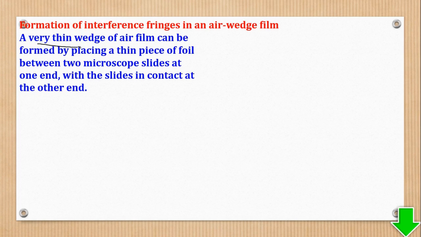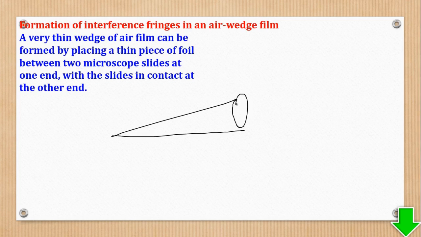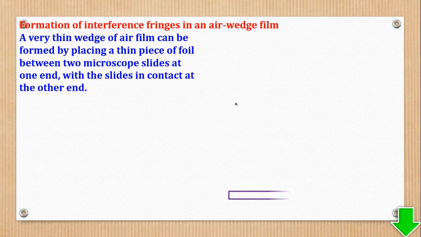So a very thin wedge of air film can be formed by placing a thin piece of foil between two microscope slides at one end and with the other slides in contact. So one end will be in contact and the other end will be separated by a metal foil, as you have seen in the illustration.